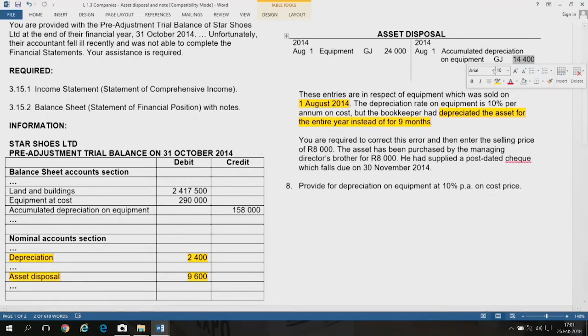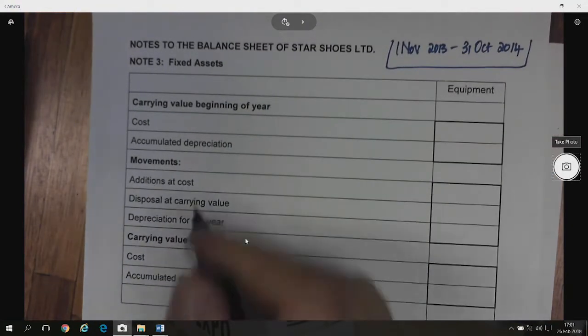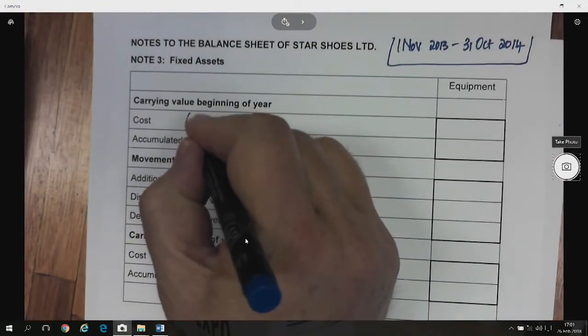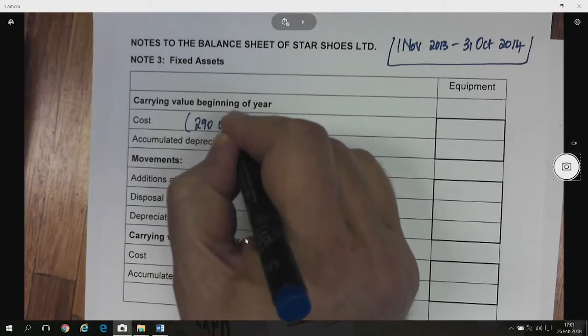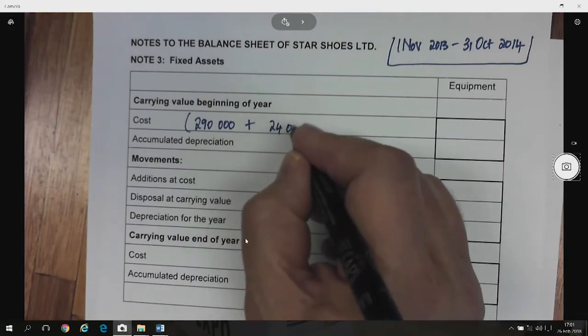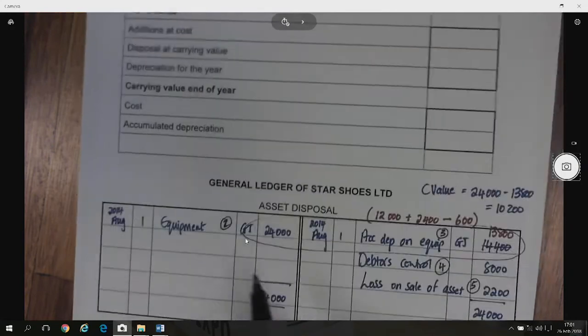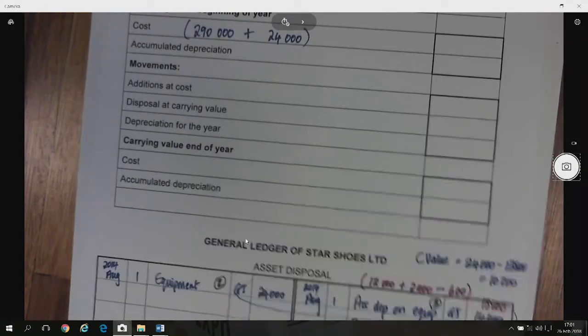It was supposed to be only 1,800. Okay. You cannot start with a balance of 290,000 on top. What must you add back? You must add back the 24,000 Rand that was already done for step 2.